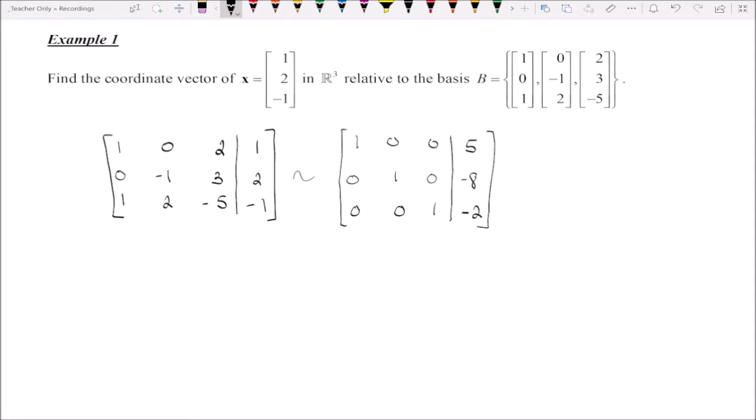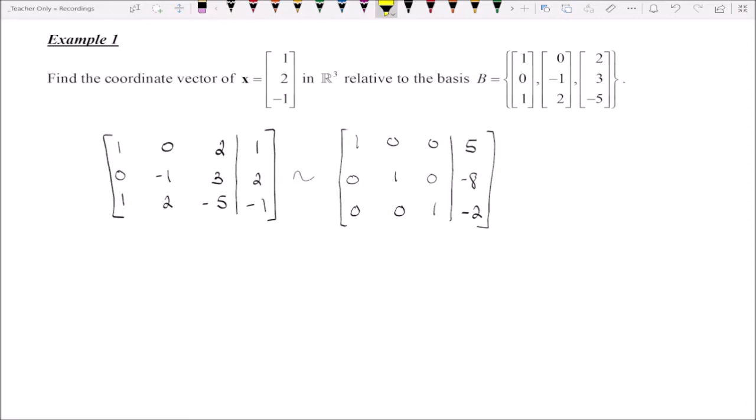And remember, we can find the coordinates of a vector in an ordered basis because the way you write a vector as a linear combination of vectors in a basis is unique. We proved that in a previous video.